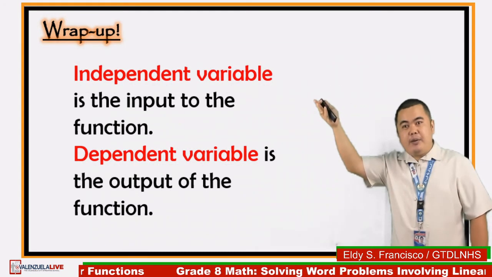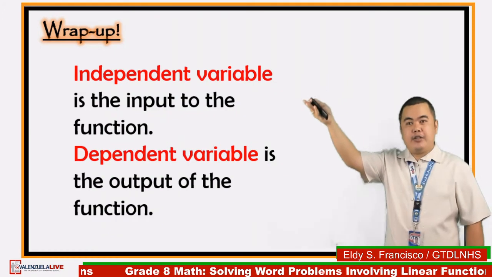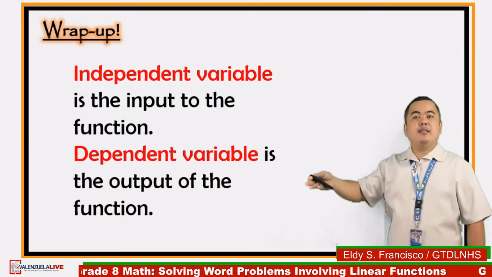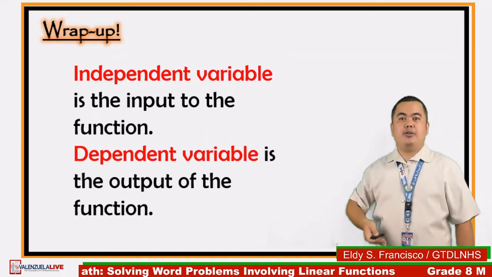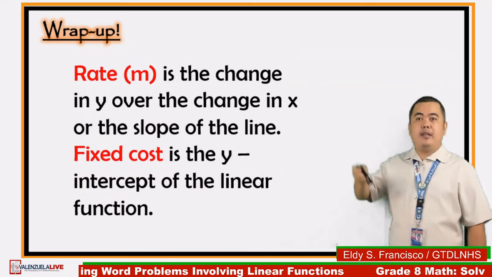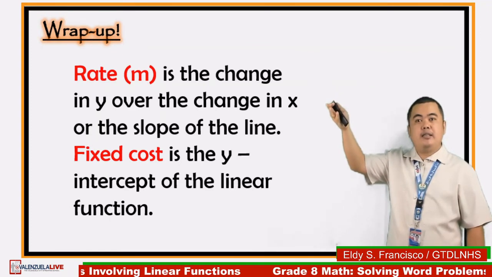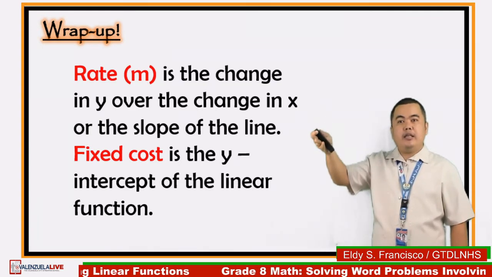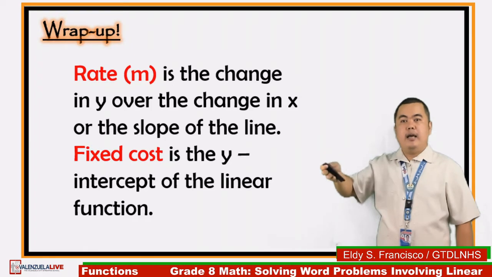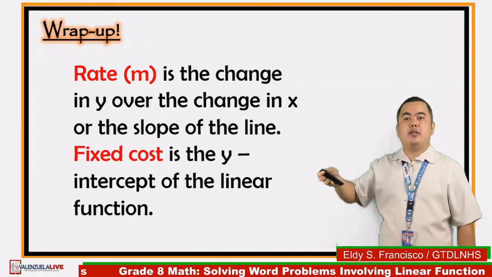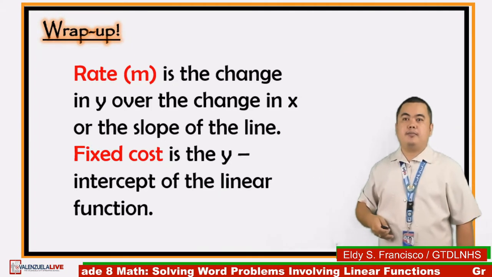The independent variable is the input to the function, and the dependent variable is the output of the function. We also have the rate and the fixed cost. The rate is the change in y over the change in x, or the slope of the line. And the fixed cost is the y-intercept of the linear function.